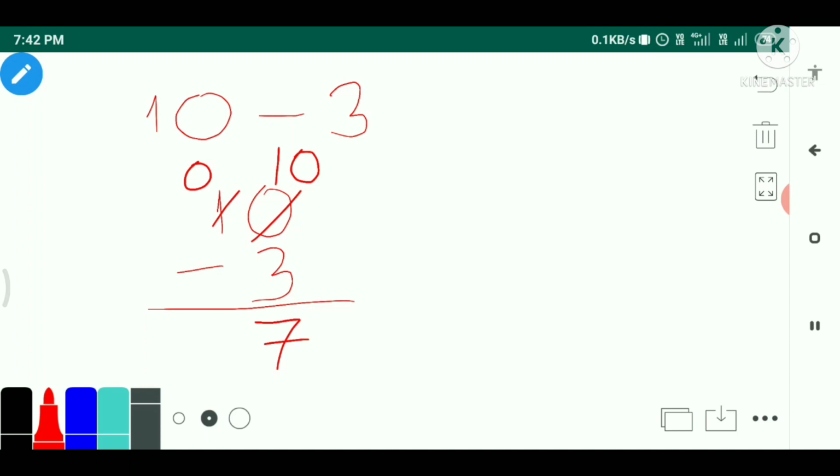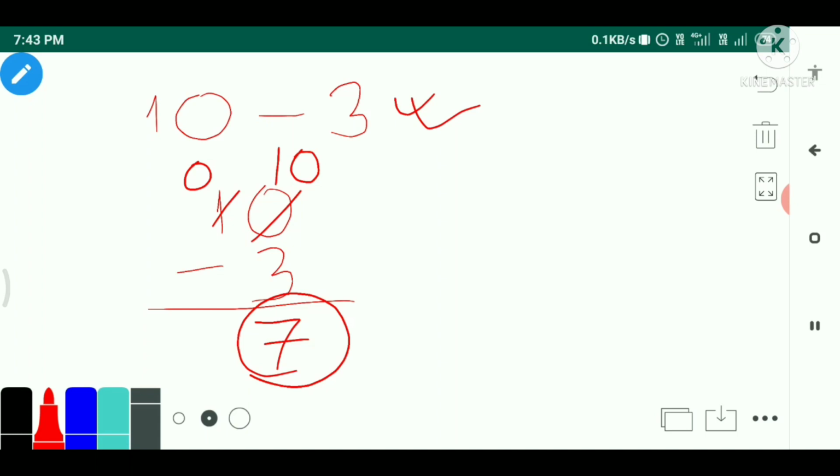Okay, now we got 7. If I add this 7 with the smallest number of the question, the question is 10 and 3. Now which is the smallest one, 10 or 3? It is 3, right?